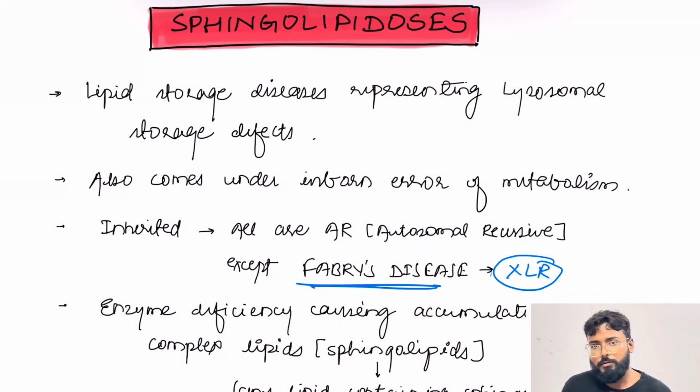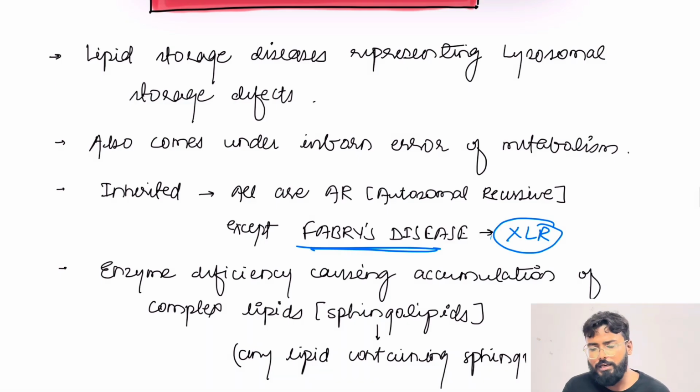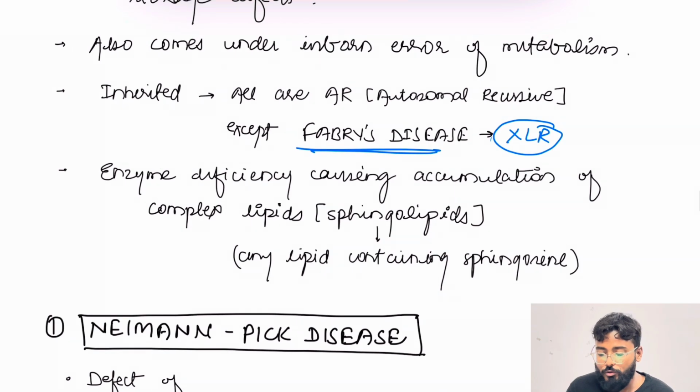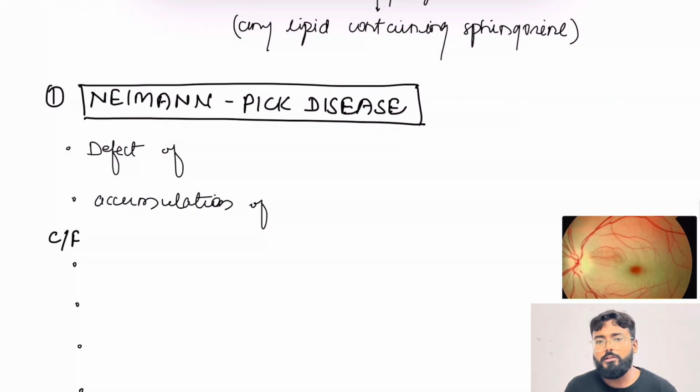So now, by keeping these substrates and enzymes in mind, we will discuss different types of sphingolipidoses. We saw what lipidosis is. Now, going into the diseases in particular, the first one that we are going to discuss is Niemann-Pick disease.